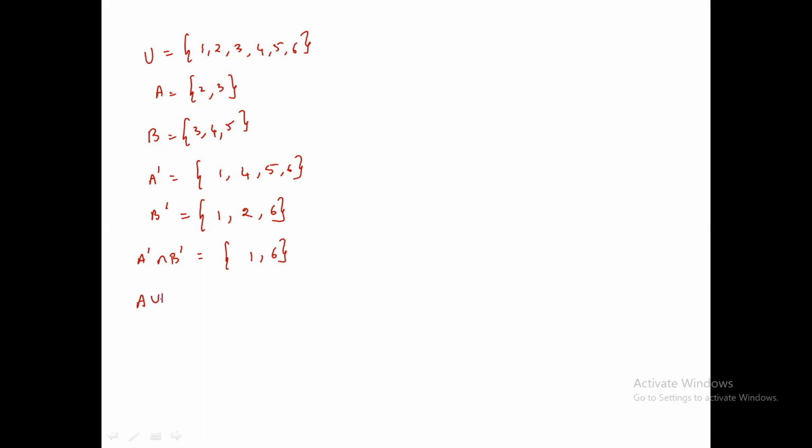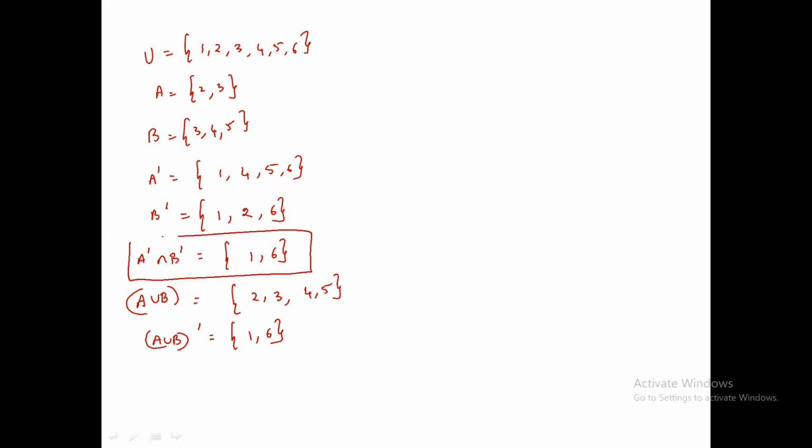Next, we will find A union B. First, I will write the elements of A, then the elements of B. Now, for A union B whole complement, from U you have to remove 2, 3, 4, 5. That means left is 1, 6.